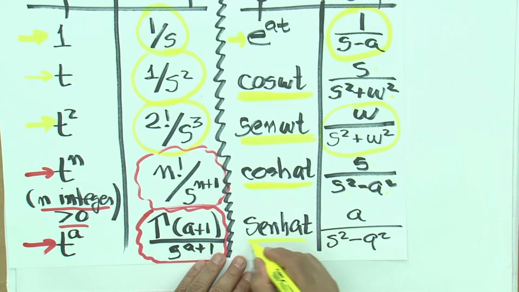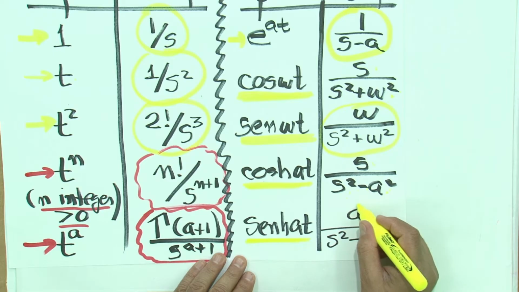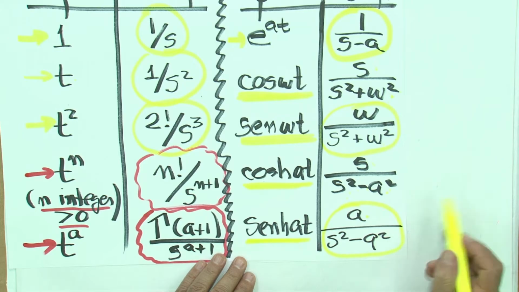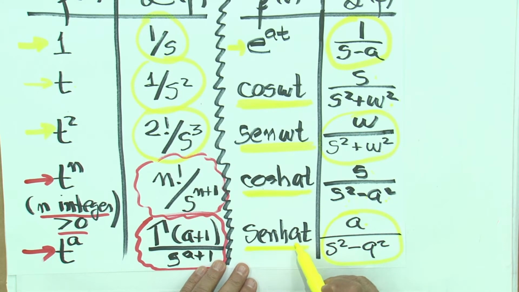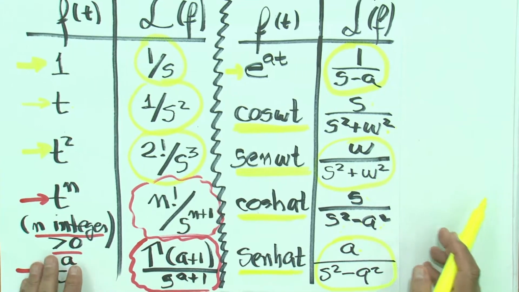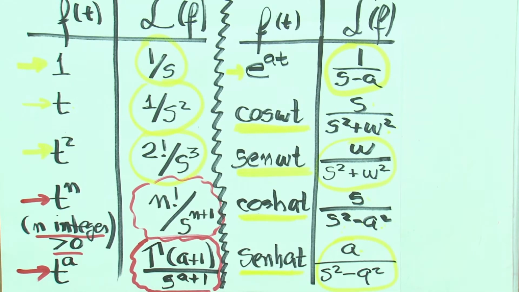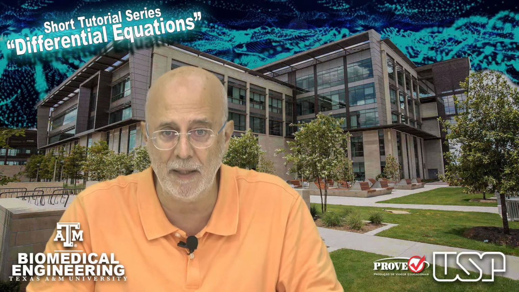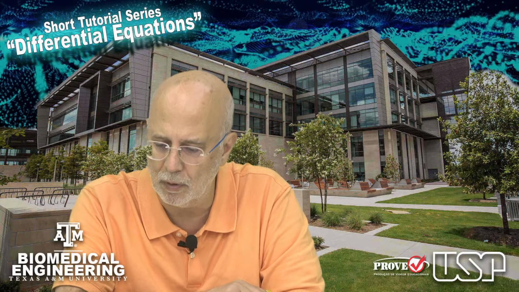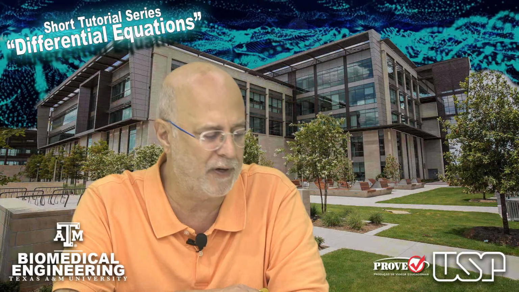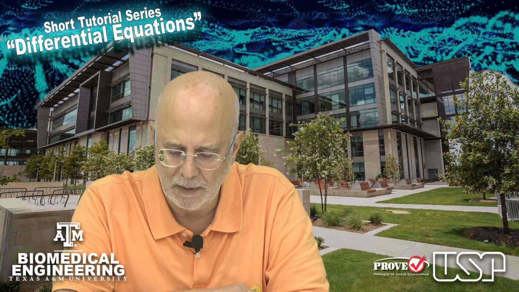If I have a hyperbolic sine, the Laplace transform of sinh of at is a divided by s squared minus a squared. And so on. You see, we could do many different Laplace transforms and make a table like this. This is a nice table. It has a lot of functions that will appear in many solutions of differential equations, right?